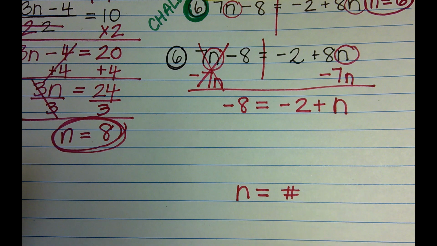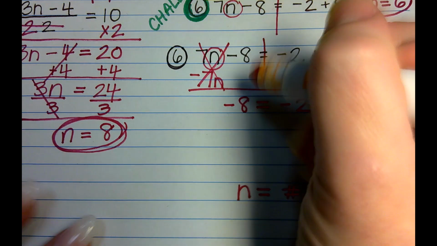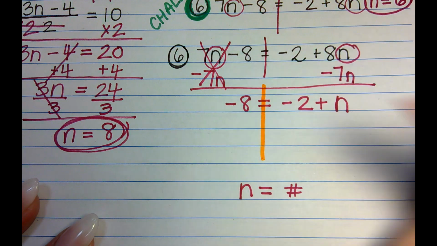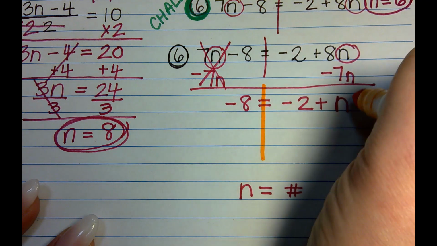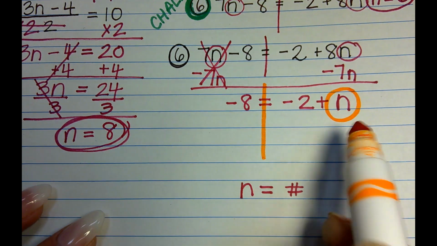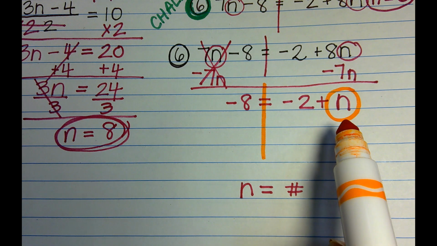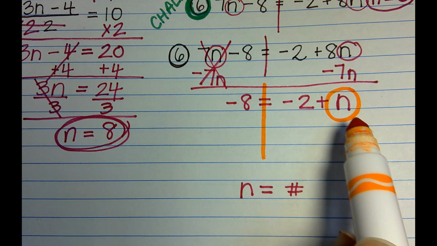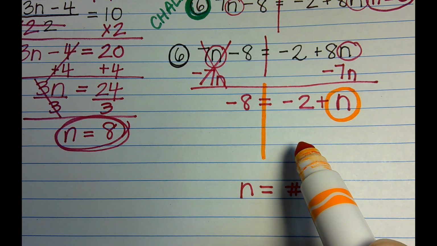But let's think about what we want our goal to be, what we're trying to do. Here is my equal sign. Here is my variable, n. I want n to be the only thing on this side of the equal sign.